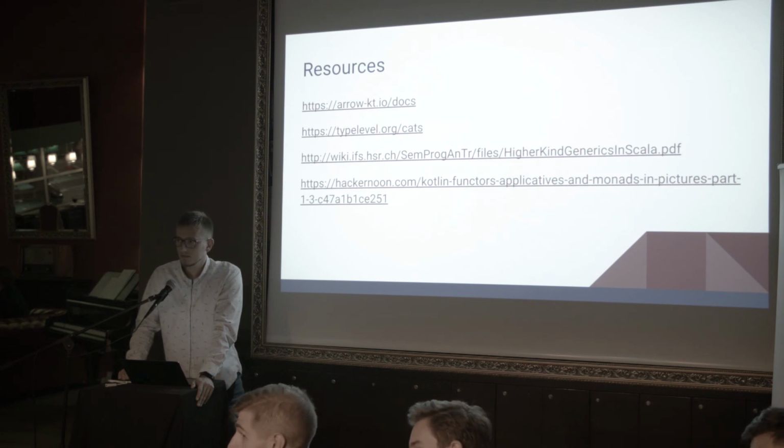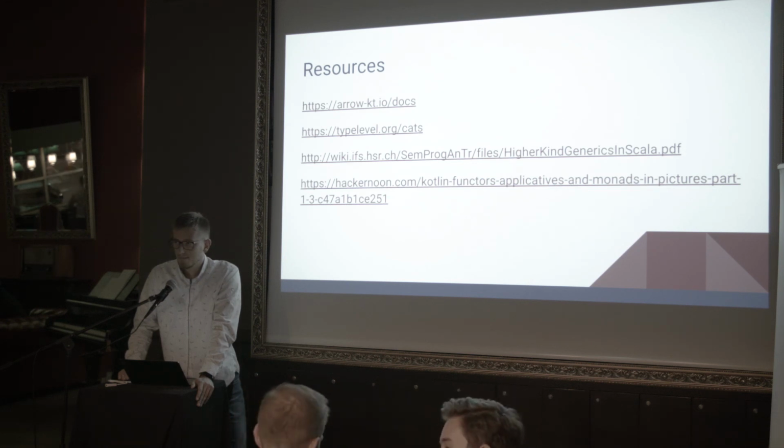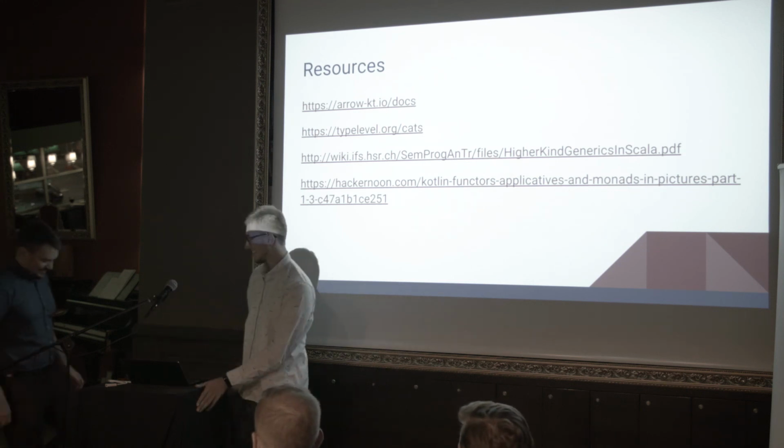Arrow is based on source generation. Yes? Arrow is based on source generation. So do you find any problem with that? I don't know, sources don't compile, or it is too big, or some other problem with that? Sorry, I'm not sure if I understand correctly. I can come here.